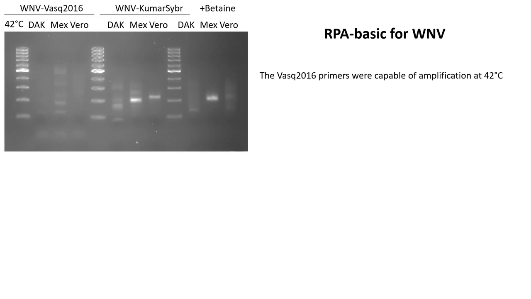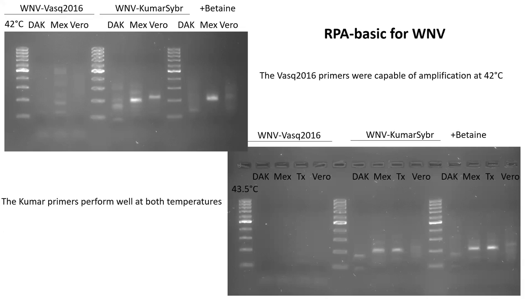As you can see, the Vasquez kind of worked, whereas the Kumar worked, but without betaine, the Kumar had a non-specific band on the virus. At 43 degrees, the Kumar still worked pretty well, but the Vasquez pretty much didn't work at all. So that's the pair of primers we proceeded with and designed a pair of probes.